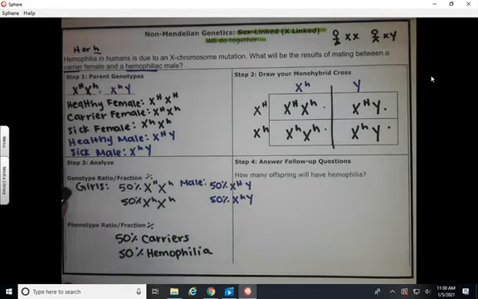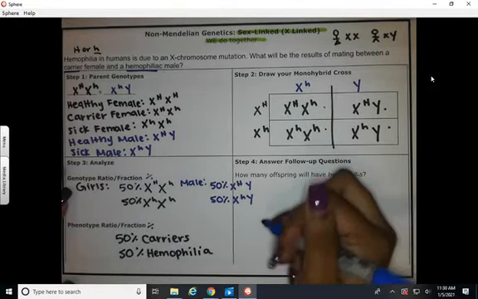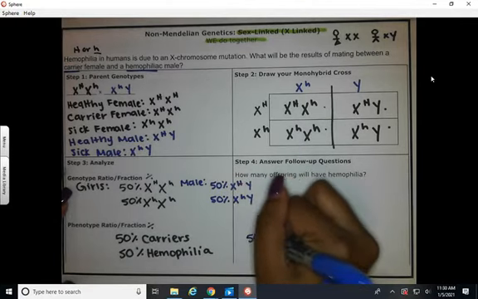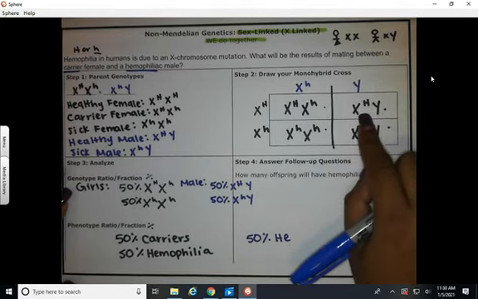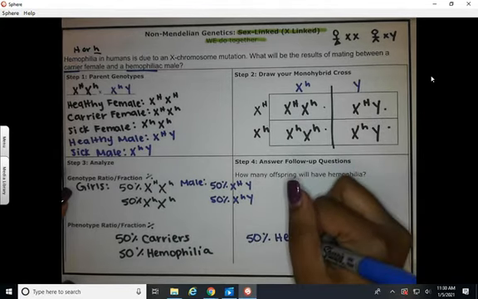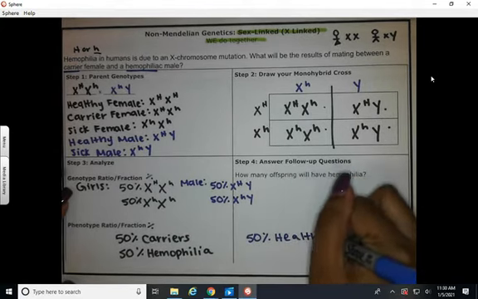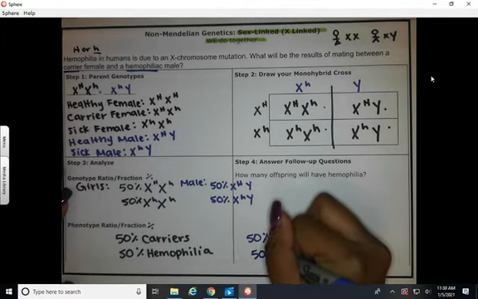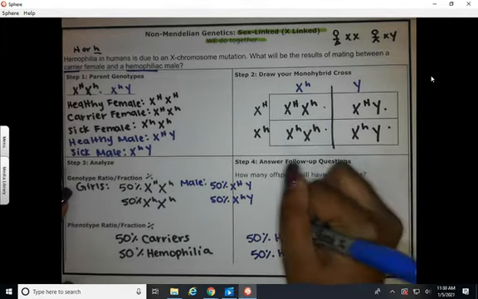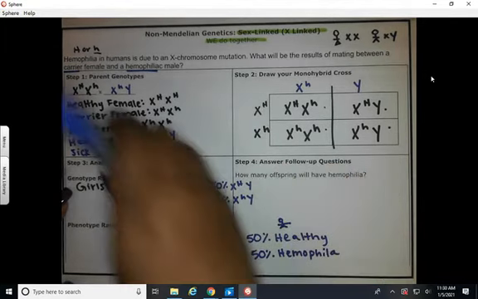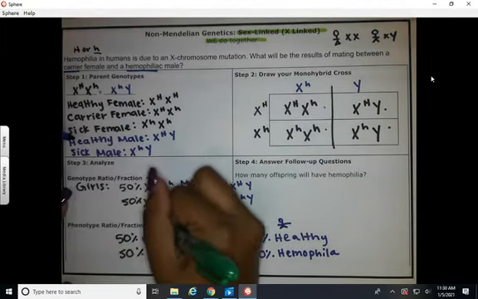What about the boys? Okay, 50% are healthy, and that's this one right here. 50% of the boys are healthy, and 50% have hemophilia. And this again was for boys, and this was for the girls.